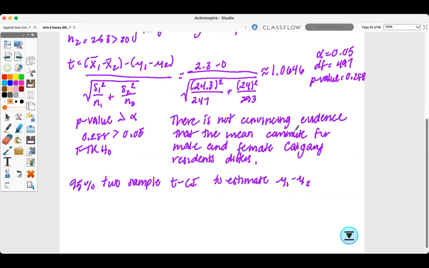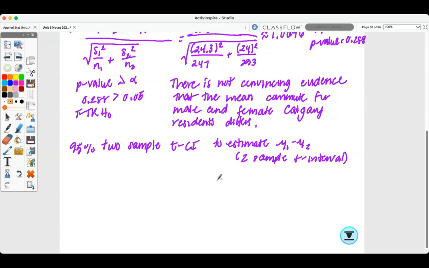This is also known as a two sample t interval on your calculator. Our conditions were already checked.